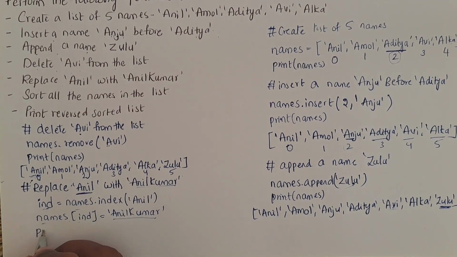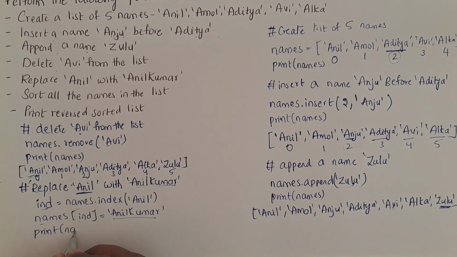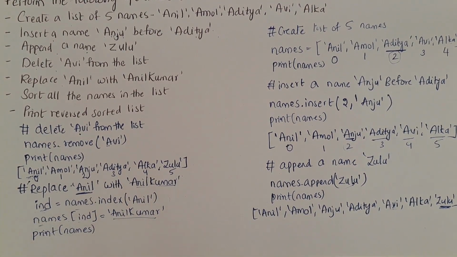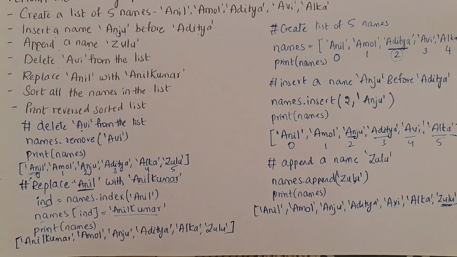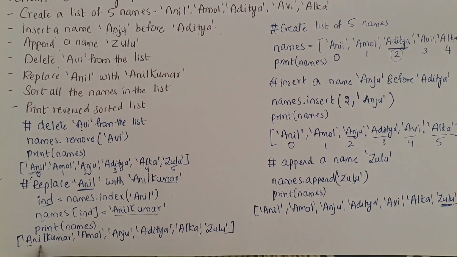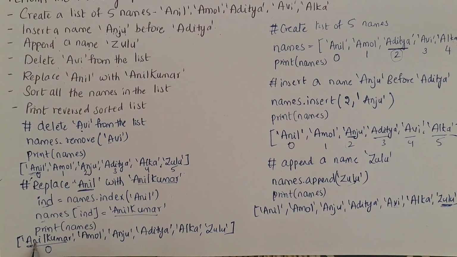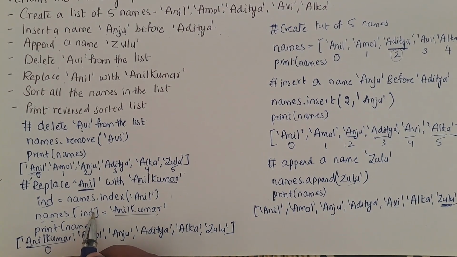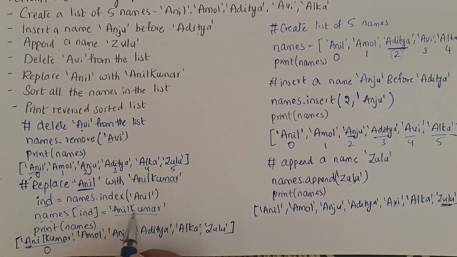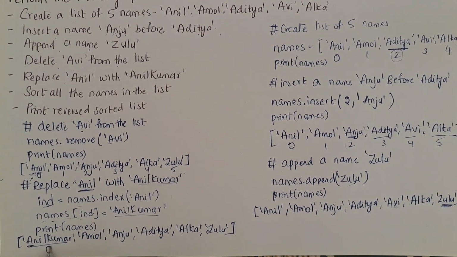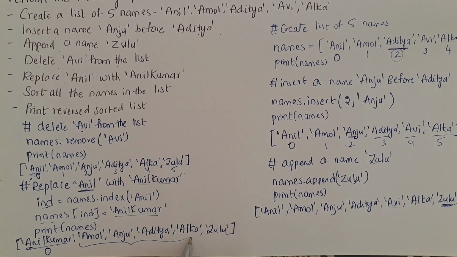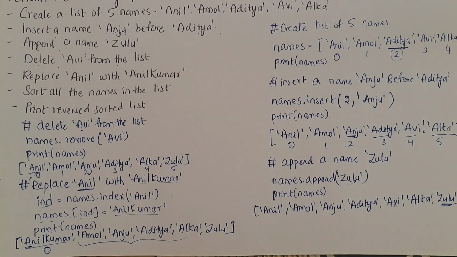If you print the names list, you will get the list with Anil Kumar at index 0, because names of 0 is initialized with Anil Kumar. So now this is your list with these elements.